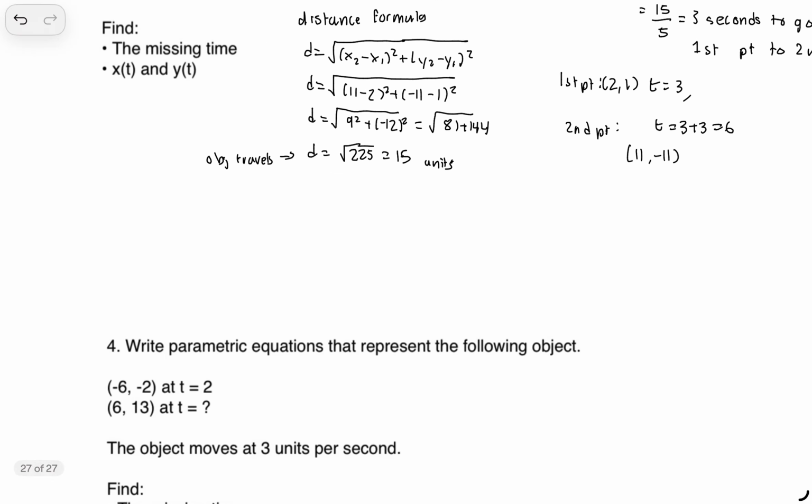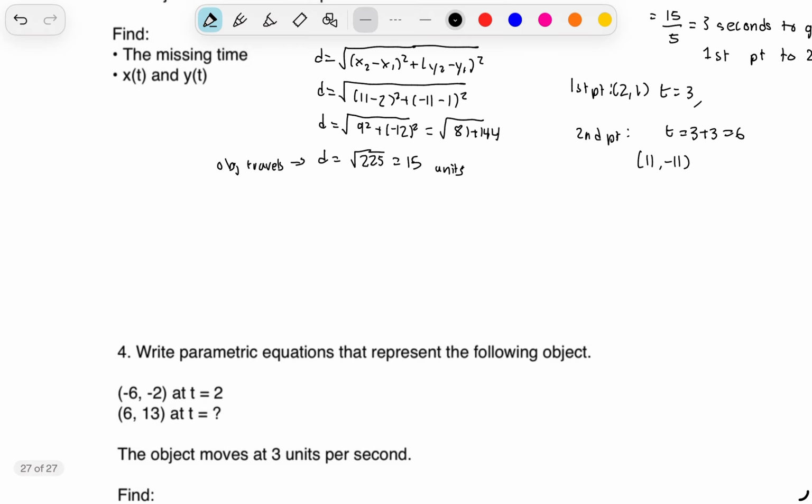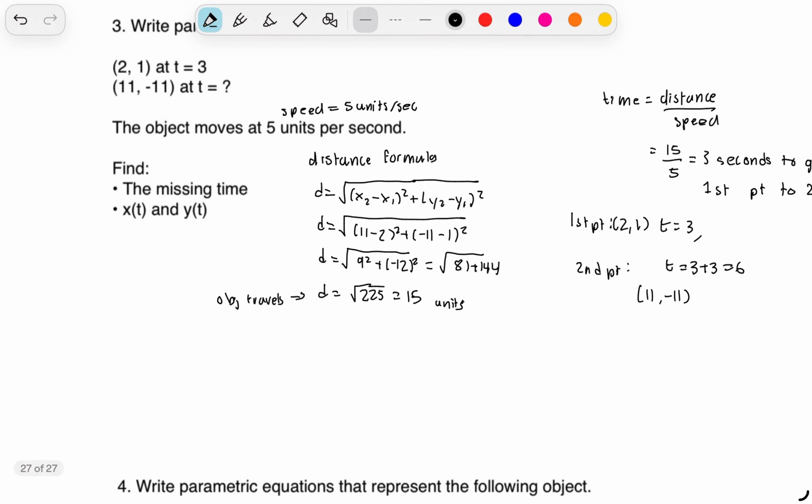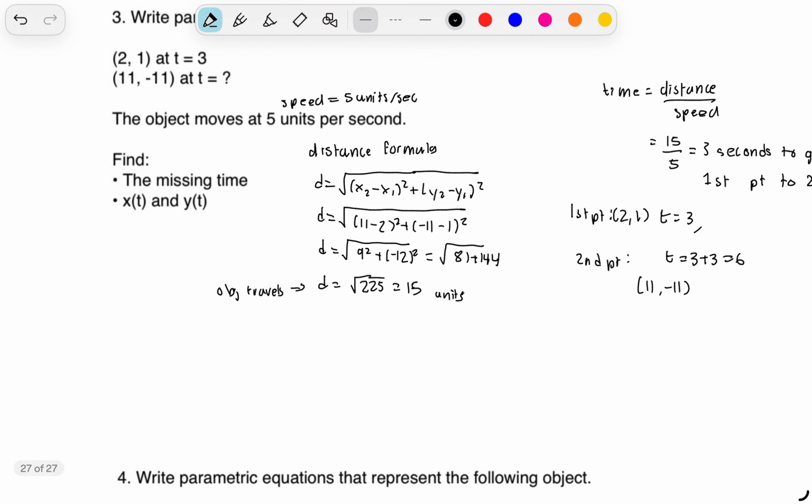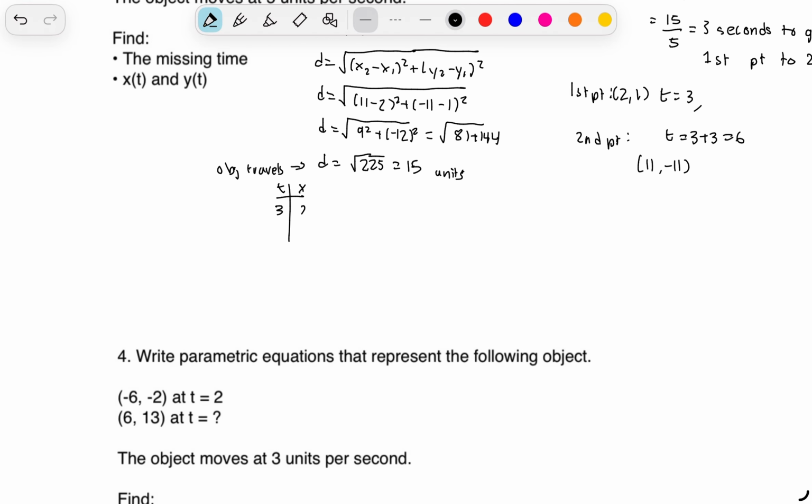Now we need to find the equation for x. So we're going to use t and x. Now we have our 11, negative 11, and we have what our time is. So for t and x, we can start off by creating our table like we did earlier. You're going to have t here, and you're going to have x there. You're going to have 3, 2, and you're going to have 6, 11. So you have m_x is equal to 11 minus 2 over 6 minus 3 is equal to 9 over 3 is equal to 3.